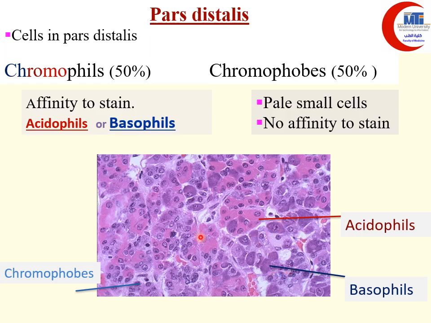These cells are arranged in cords and separated by fenestrated blood capillaries that carry hormones secreted by these cells directly to the blood circulation.